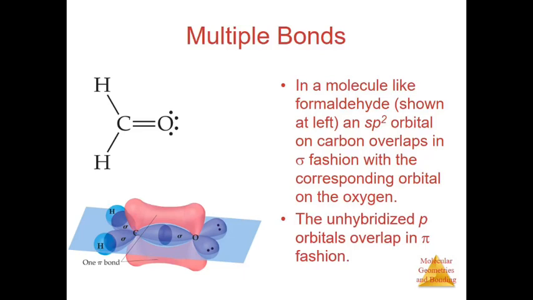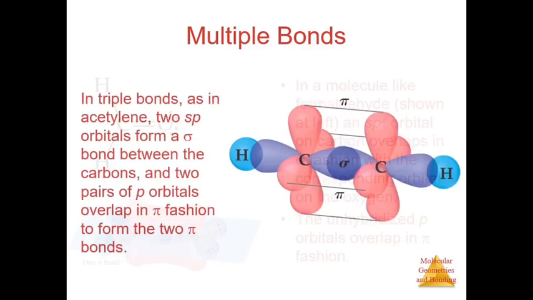So again, your unhybridized p orbitals will overlap in pi fashion, and that is the double bond. I'm just underlining some important stuff here. Here's another example too. You've got a triple bond. This is with C2H2, acetylene.